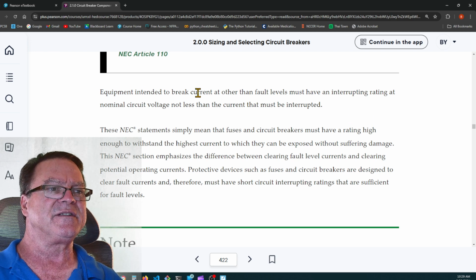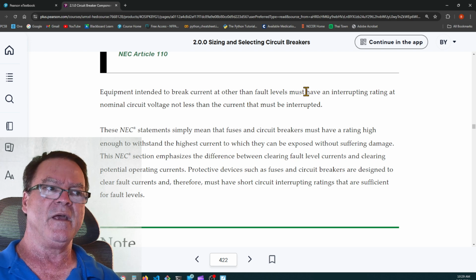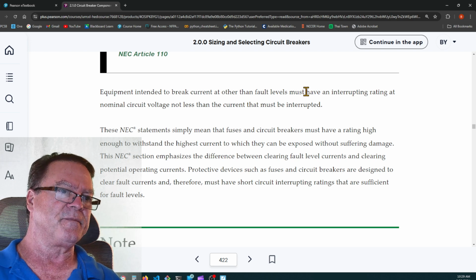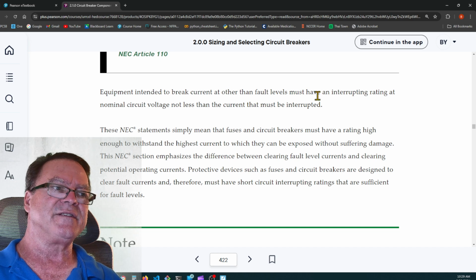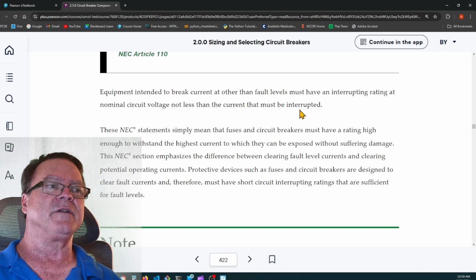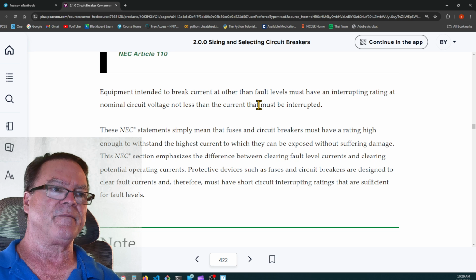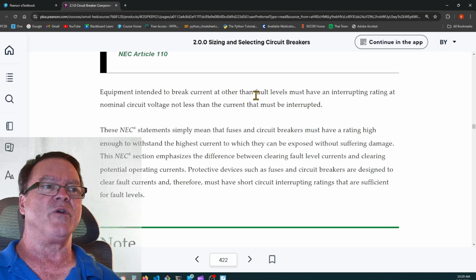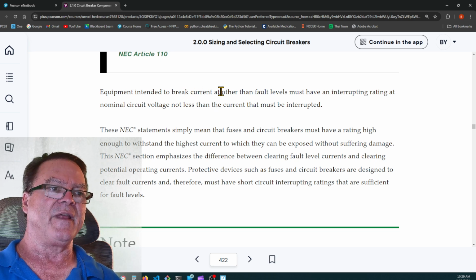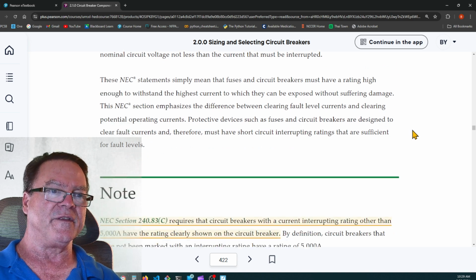These things that are intended to break currents at other than fault levels are switches, disconnects. They're not intended to open because of a fault current. They're not overcurrent protection. They're just intended to break current. So they have to be rated for the current at which they will be opening the circuit.